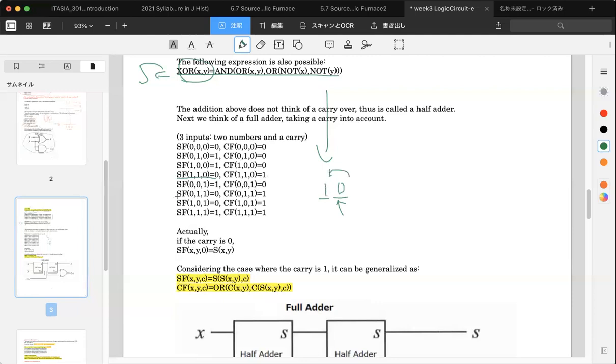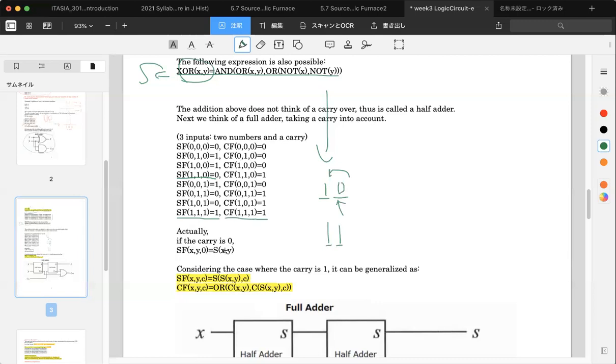And 011 is the same. And 101 is also the same because in summation, for something plus something, the order doesn't matter. And when all three entries are 1, that means 1 plus 1 plus 1, we get 11 in the binary system.